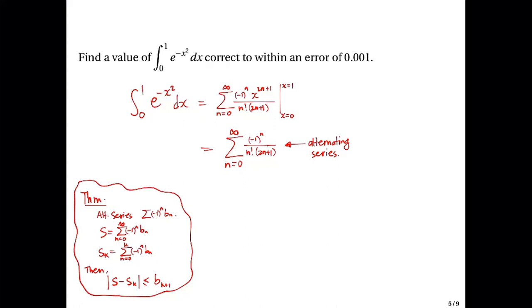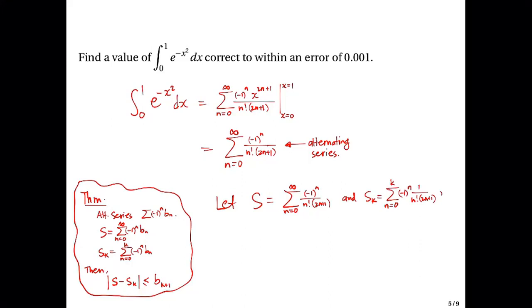So if we now let S equal this alternating series, negative 1 to the n over n factorial times 2n plus 1, n starts from 0 to plus infinity, and S sub k to be the kth partial sum. So sum from n equals 0 up to k of negative 1 to the n, 1 over n factorial times 2n plus 1.